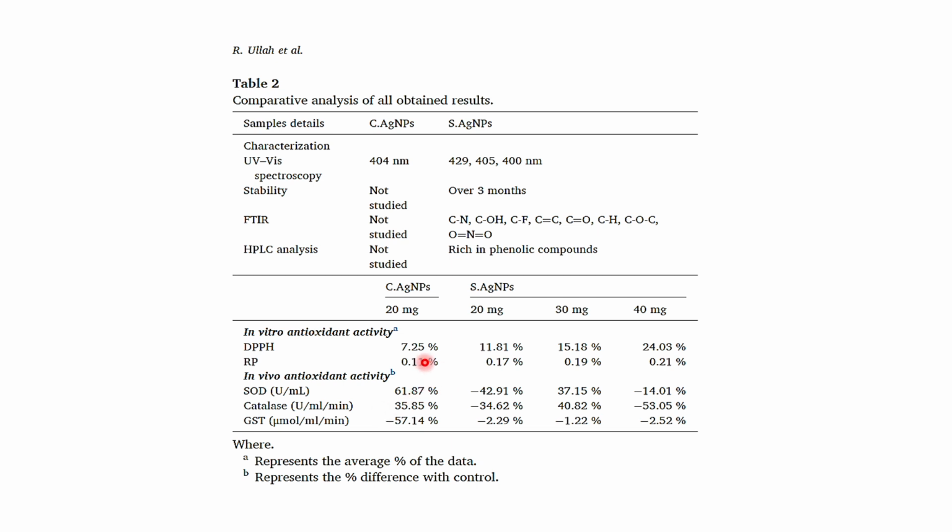From this table, at 20 milligram the activity is a 7.25% increase, but with the increase in the dose and with the different types of nanomaterials, chemical and biologically synthesized nanoparticles at doses of 20, 30 and 40 show a gradual increase in activity for both DPPH and FRAP activities. For in vivo antioxidant activities, SOD, catalase, and GST were used, and their difference from the control group was obtained for their respective activities.